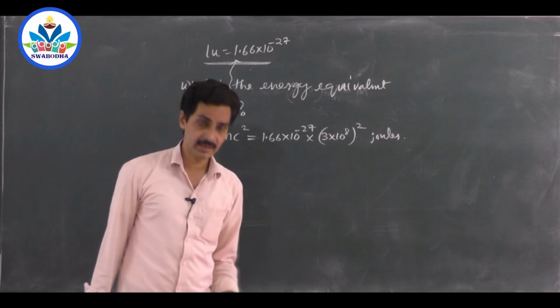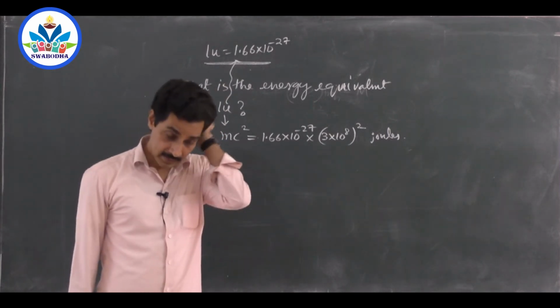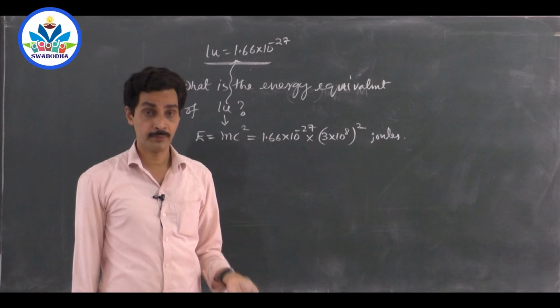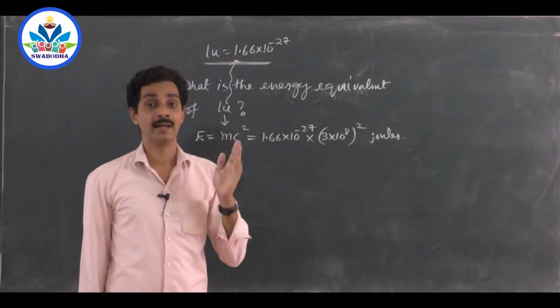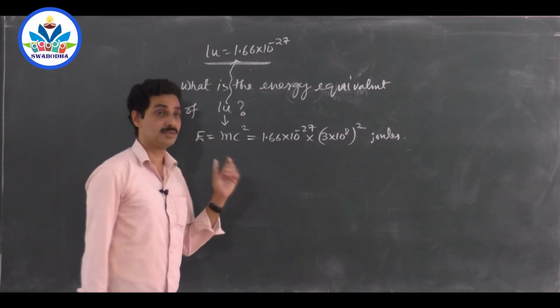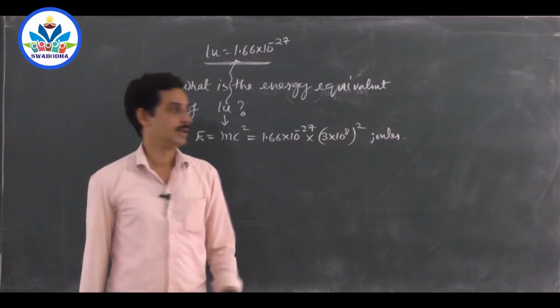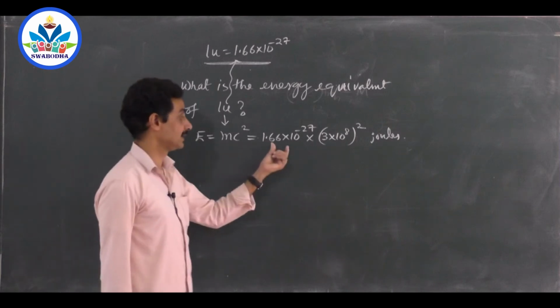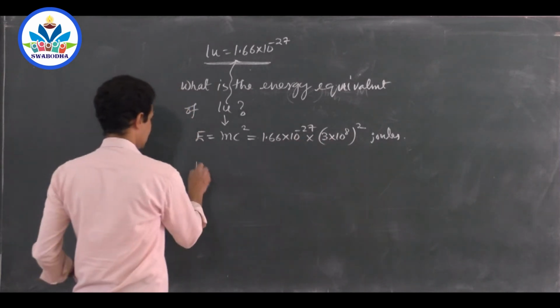I want to express it in electron volt. So the question is like this now. Express the energy obtained by destroying 1 atomic mass unit of mass in electron volt. So you have substituted mass in kg, you have substituted c square. This is in joules. What is energy in electron volt?